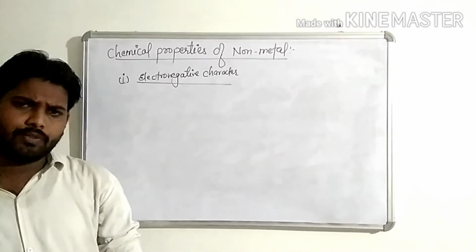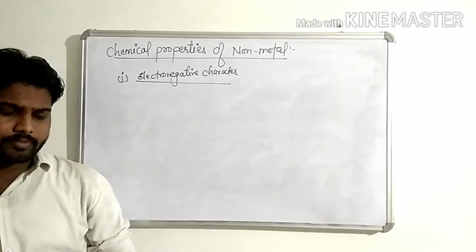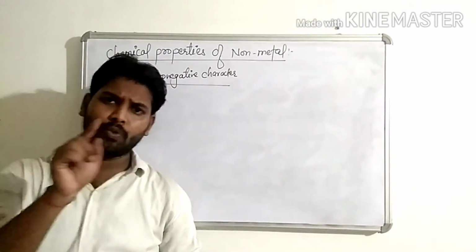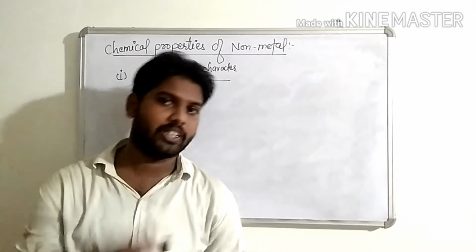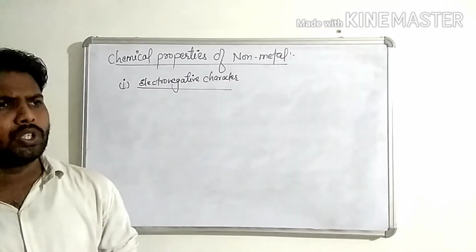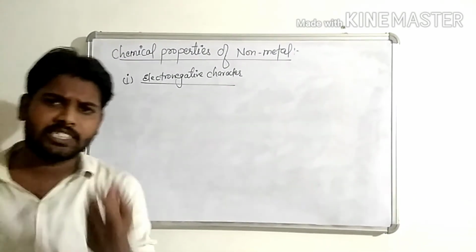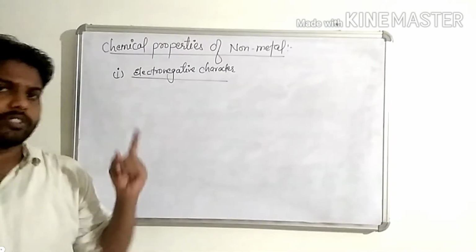Children, you all know it very well, and I have already explained that every atom has only one aim: to become an inert gas, to complete their stability. So every atom tries to complete its stability by losing or gaining electrons.